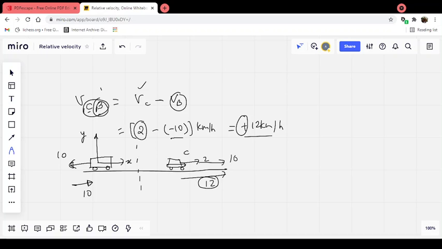irrespective of the position of the bus, that is, whether the bus has passed the car or whether the bus is in front of the car, the equations of velocities of the car and the bus don't change. Those values don't change. So that's why the relative velocity of the car with respect to the bus does not change.